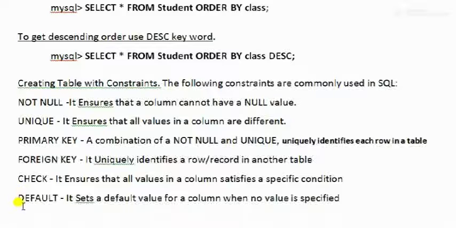Default constraint takes the default value if the field is kept blank. That means while entering values, if the user does not enter any value, the field will be taken as the default value.